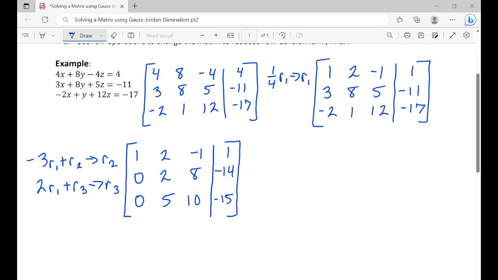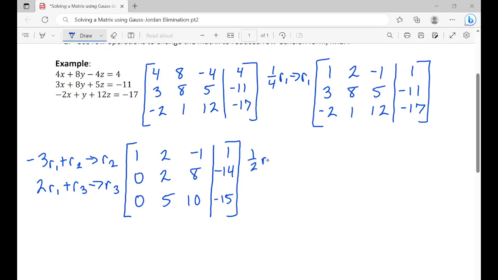So far so good. I got my column of 1s here. Now I'm going to make this 2 and this 5 something easier to work with. So I'm going to multiply this 2 by a half and multiply this 5 by a fifth to make these 1s, thus also giving me a new row 2 and a new row 3 again.